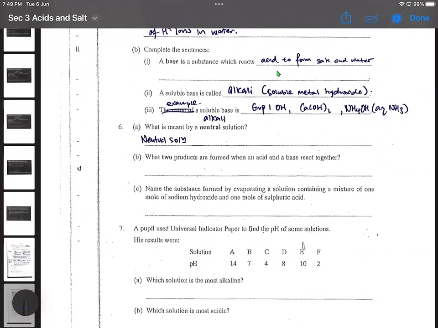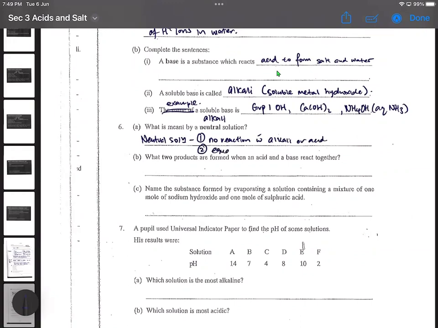So I'll give you a few options. Number 1, generally there will be no reaction with alkalis or acids.